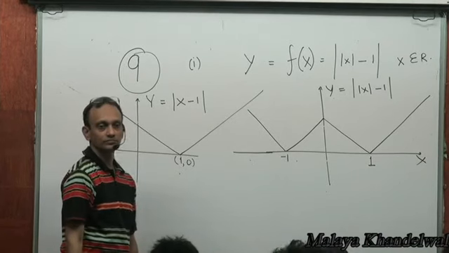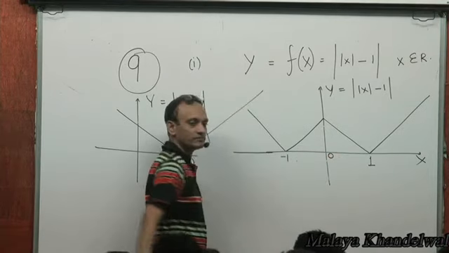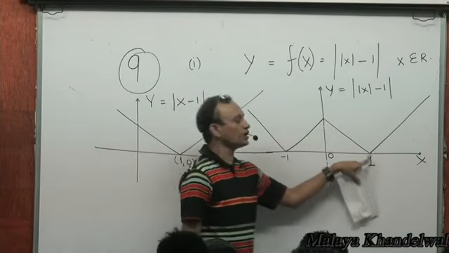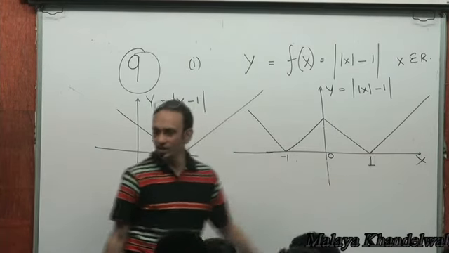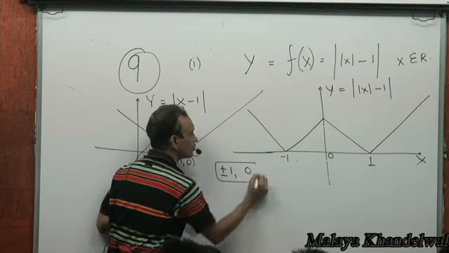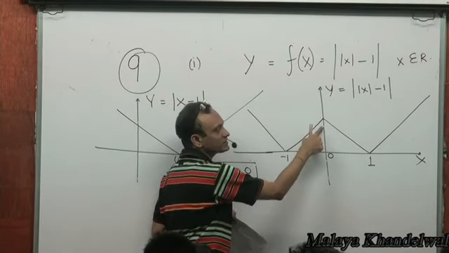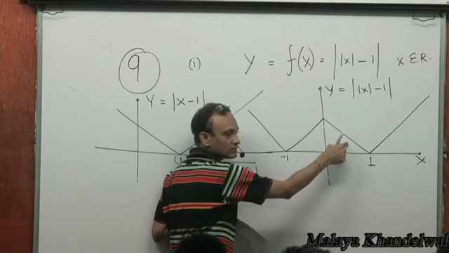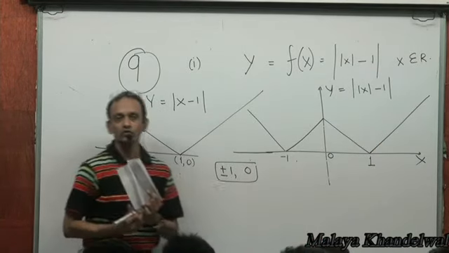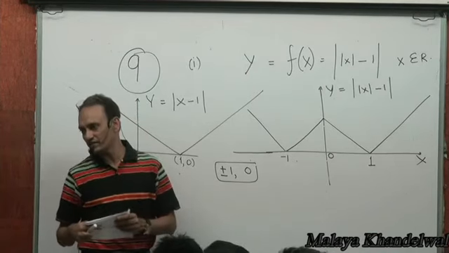So it is very clearly continuous everywhere, but not differentiable at minus 1, at 0, and at 1. The left hand derivative is minus 1 and the right hand derivative is plus 1. So it is not differentiable at x equal to 0 and plus minus 1, and continuous everywhere.